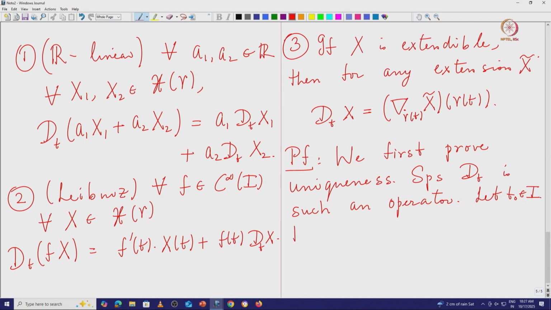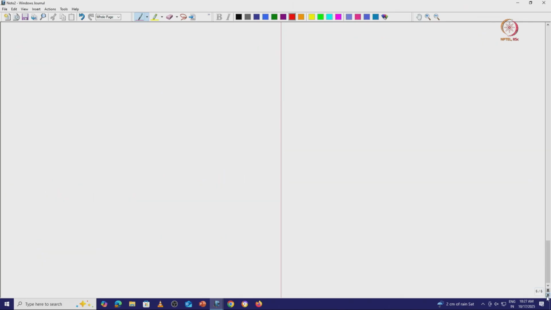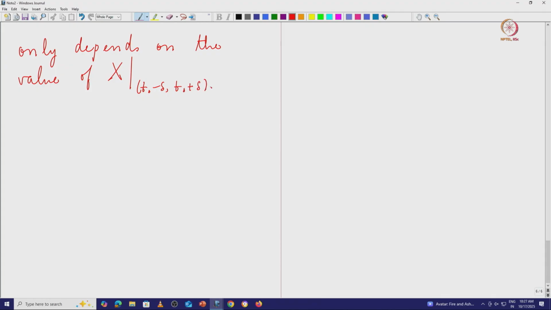So then by the proof of locality, our locality results for the connection, it follows that this connection only depends on the value of x on this small interval t naught minus delta to t naught plus delta for some small delta positive.